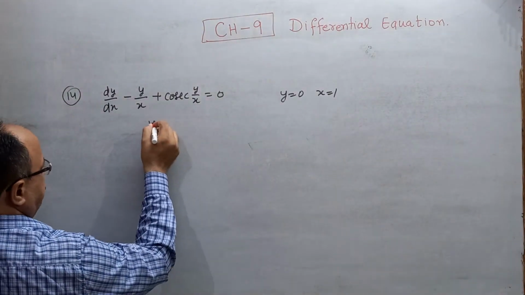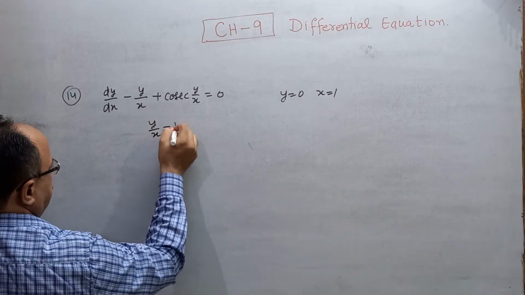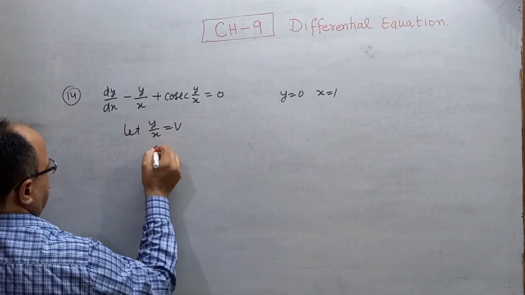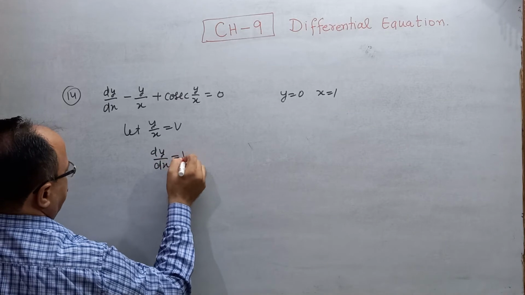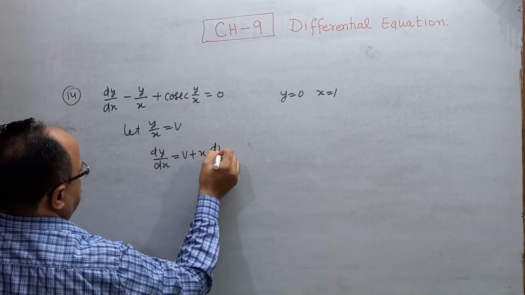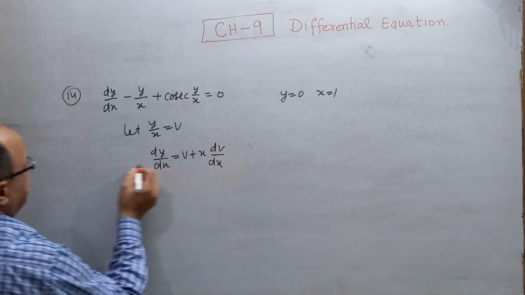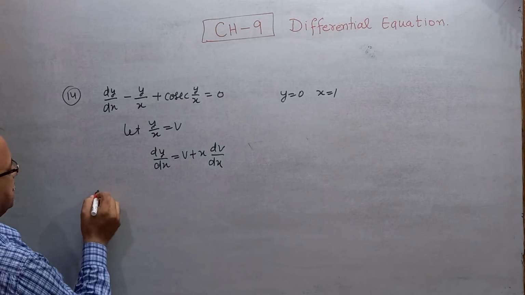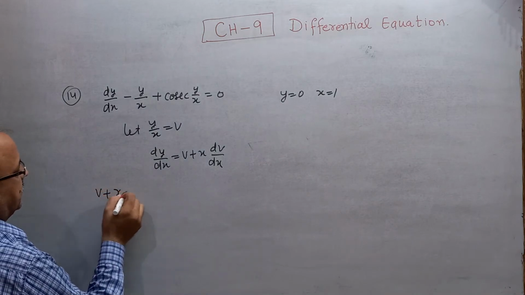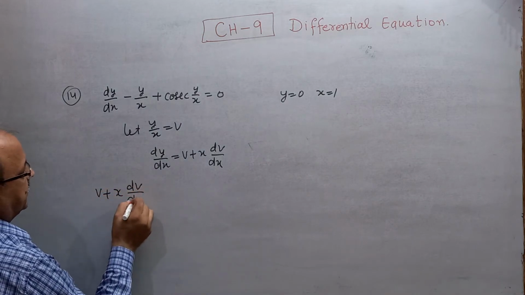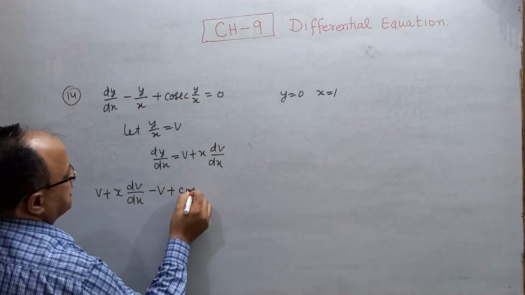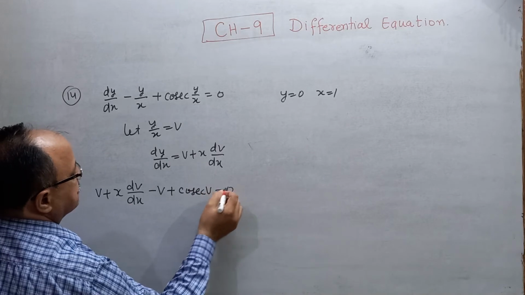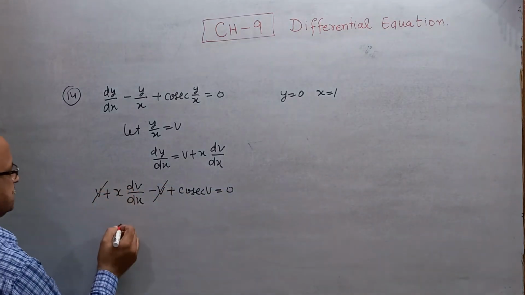The question is already in the standard form, then let y by x is equal to v. Therefore, dy by dx is equal to v plus x dv by dx. Put the value of dy by dx here. That is v plus x dv by dx minus v plus cosec v is equal to 0. This will cancel.